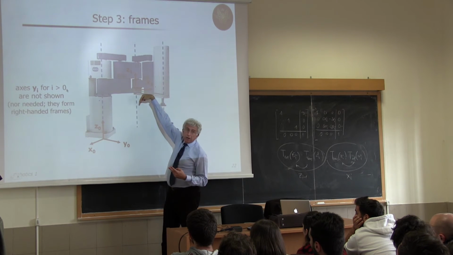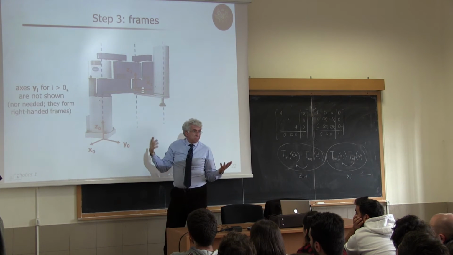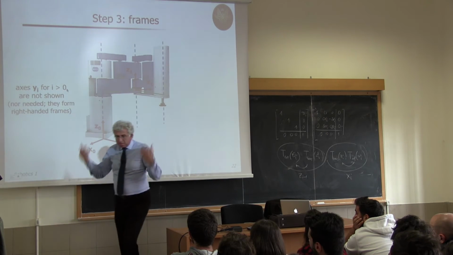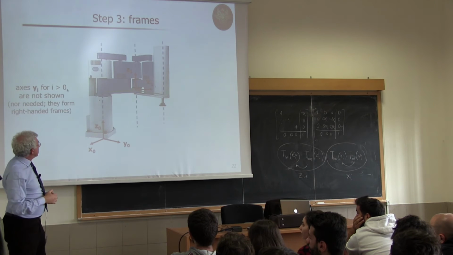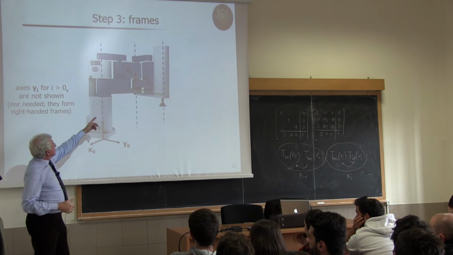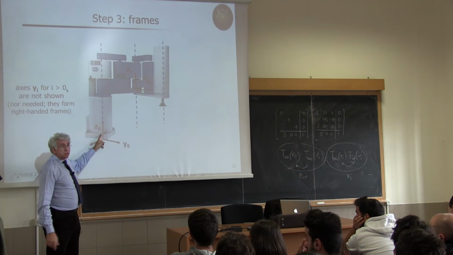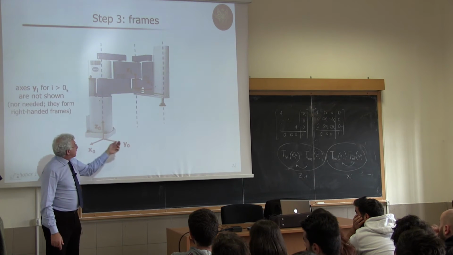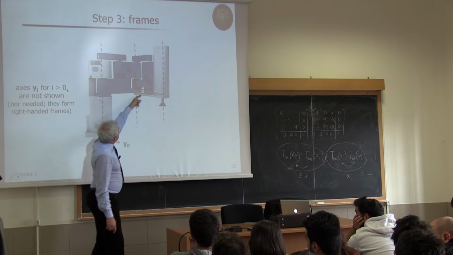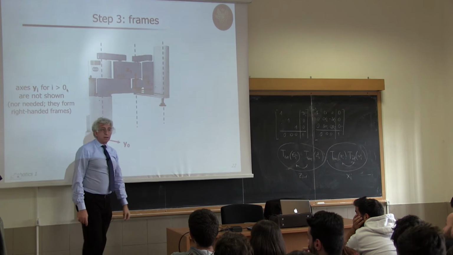I could choose z1 going down, it's irrelevant, but why should I twist by pi? So, choosing it in the same direction as z0, I will have alpha 1 equal to 0. Okay? And then x1 is along the common normal.